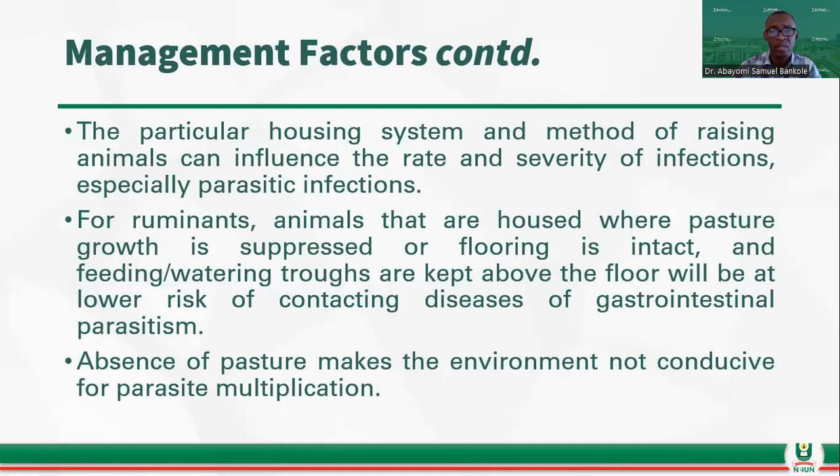Now, the particular housing system and method of raising animals can influence the rate and severity of infections, especially parasitic infections. So ruminant animals that are housed where pasture growth is suppressed or flooring is intact, and feeding or watering troughs are kept above the floor, will be at lower risk of contracting gastrointestinal parasitism.